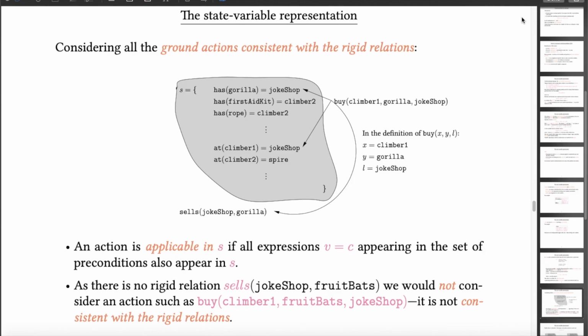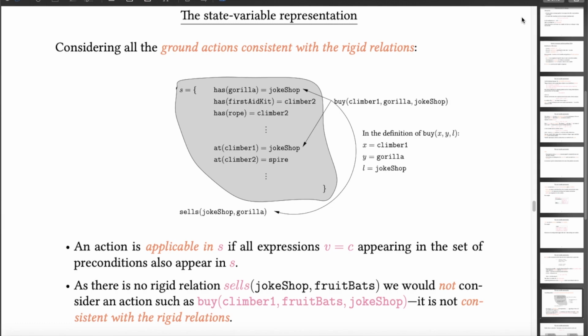Now, given that we have a definition of state, we can now use it to determine whether or not, given a current state, any particular action can be applied to it. So here I have a state, and I want to apply the action that corresponds to climber 1 buying the gorilla in the joke shop.